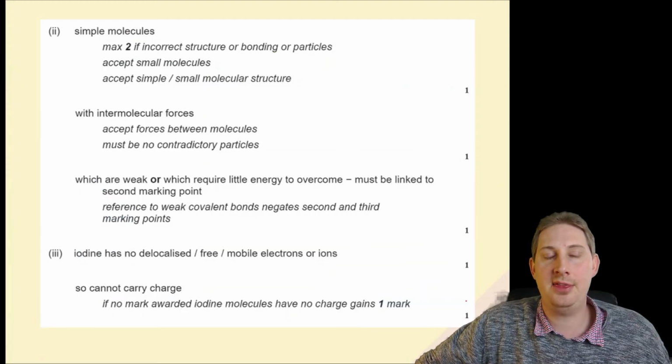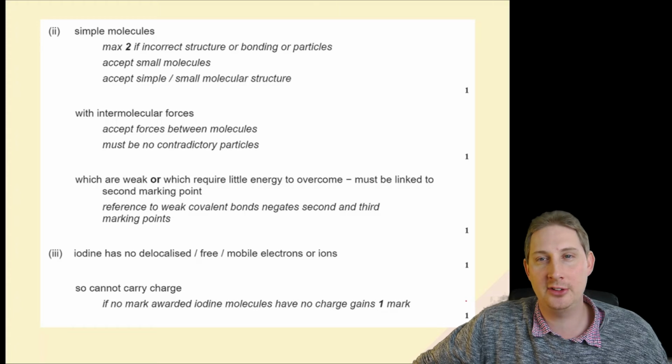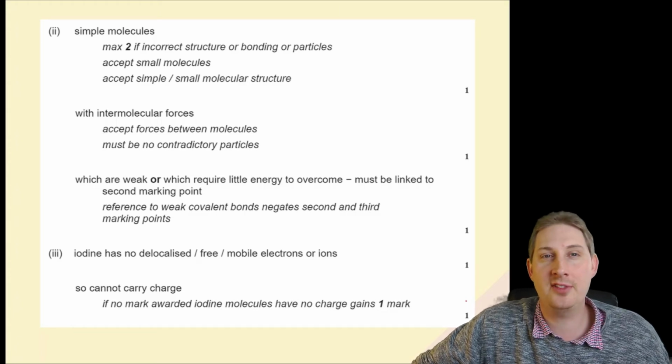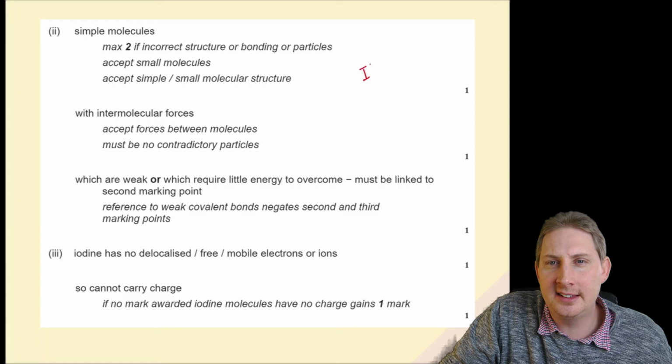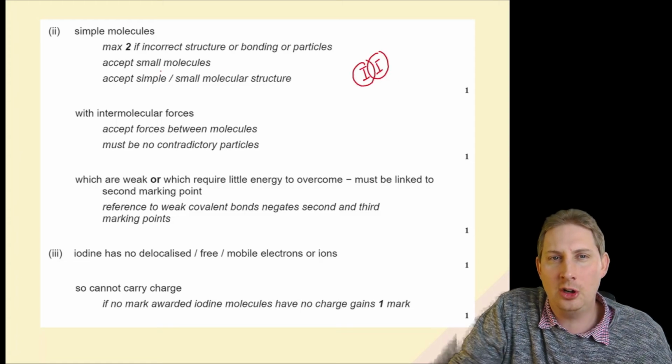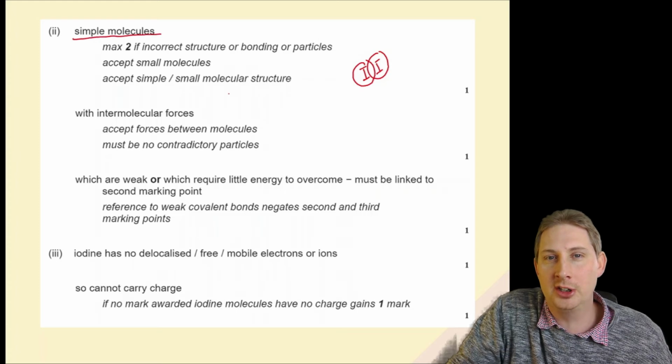Right, if you didn't get 3 out of 3 for this top one, then bang your head on the desk, because this, along with fractional distillation, is one of those that comes up pretty much every year. You have to talk about the fact that iodine is simple molecular. It's pairs, diatomic, simple molecules, small molecules, anything like that.